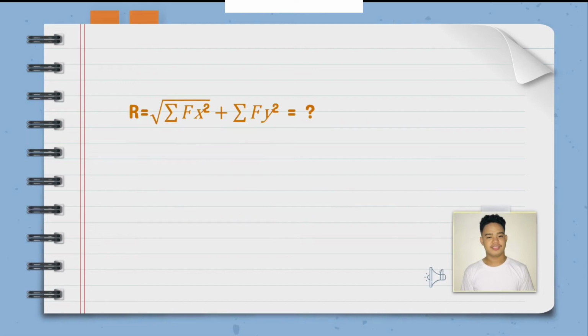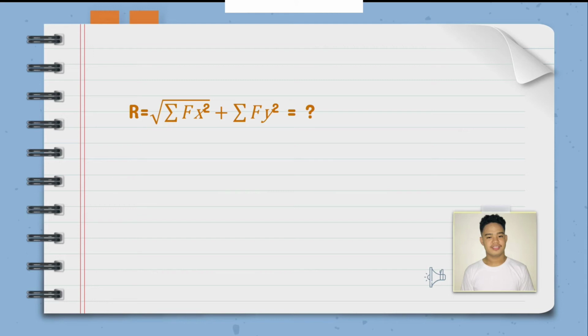Now we have the summation of x and the summation of y. We will get the resultant force, or R, which is equal to the square root of the summation of Fx squared plus the summation of Fy squared.